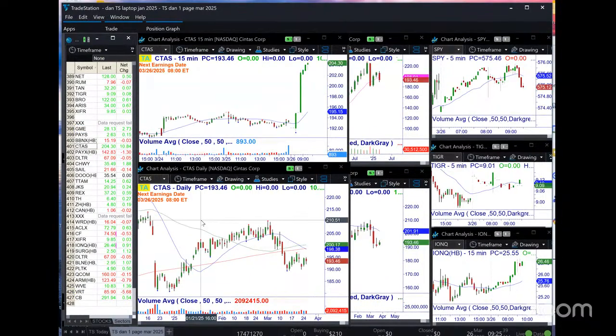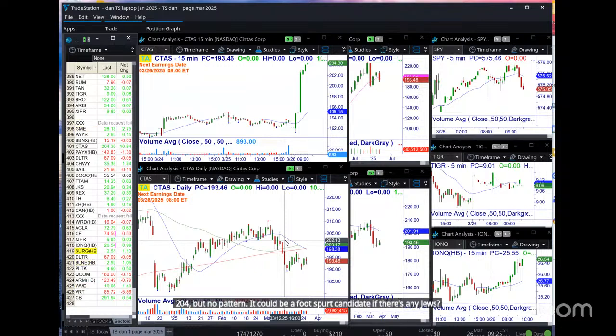Toss. Wow, that's a big pre-market move. 204, but no pattern. It could be a put spread candidate if there's any juice. And if it stalls here and pulls back, then a condor idea.